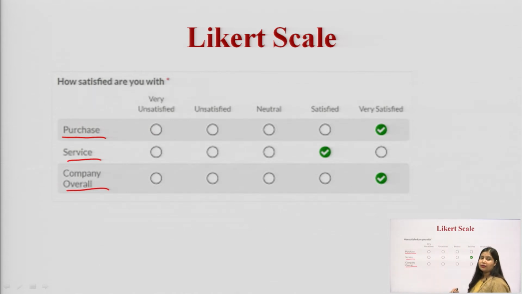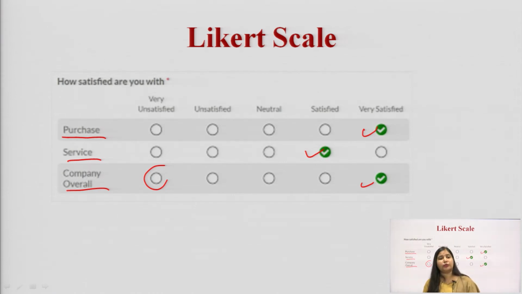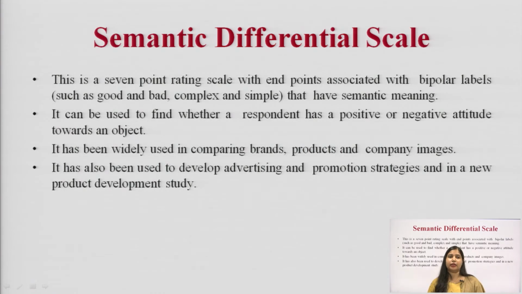If you are very satisfied, you can click on this. If you are just satisfied, you can click on this. If you are completely or overall satisfied with the company, then you can click on this. And if you are not satisfied or very unsatisfied, then you can click on this option. So this was basically the Likert scale.